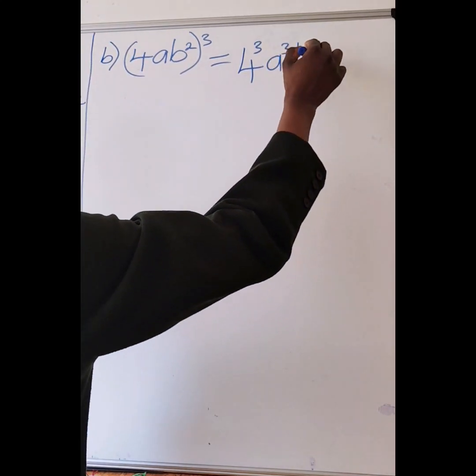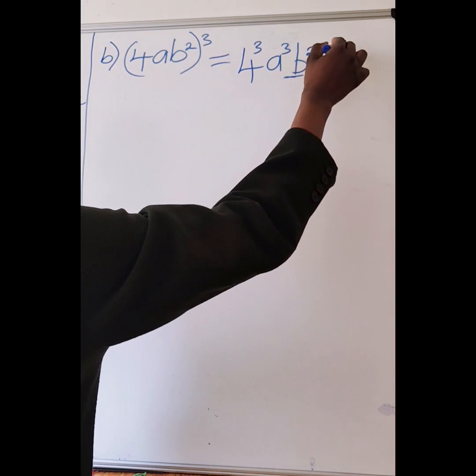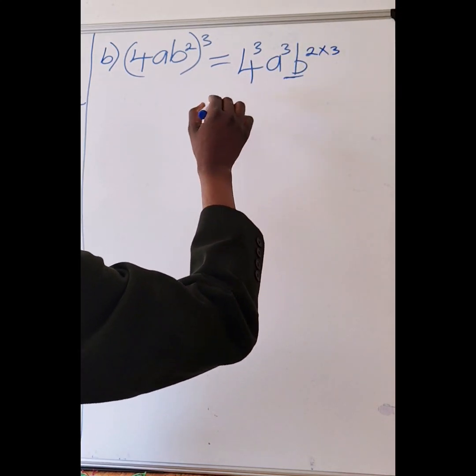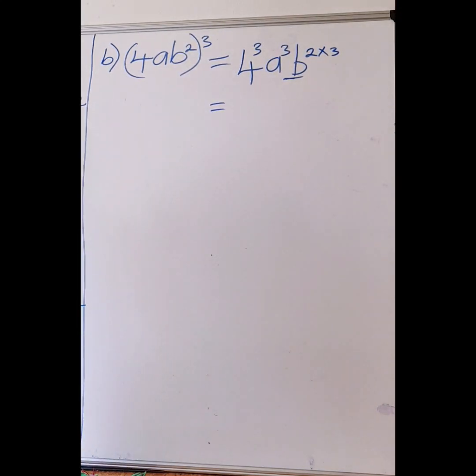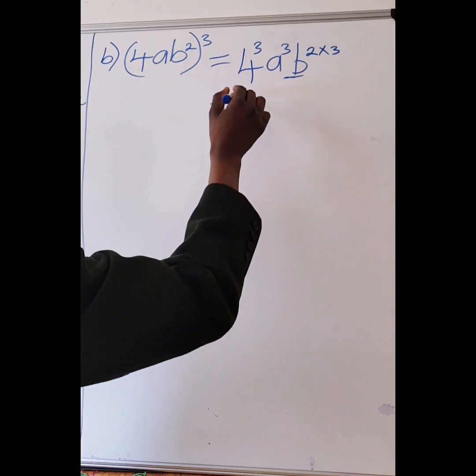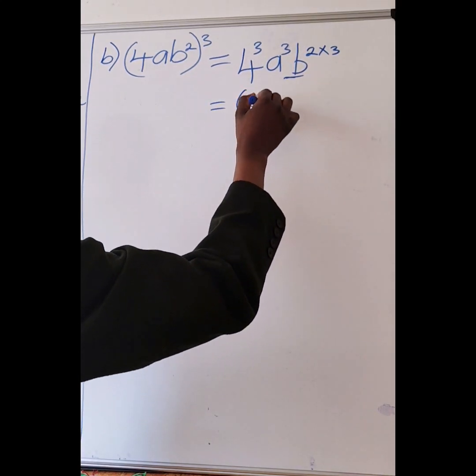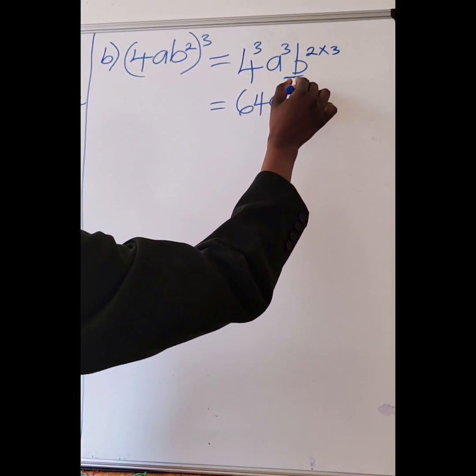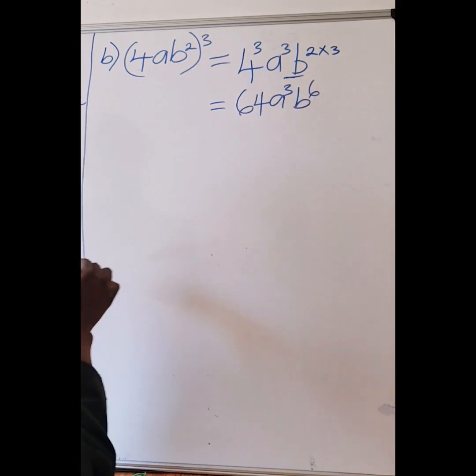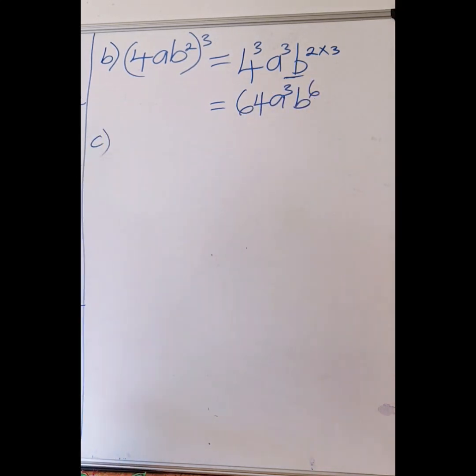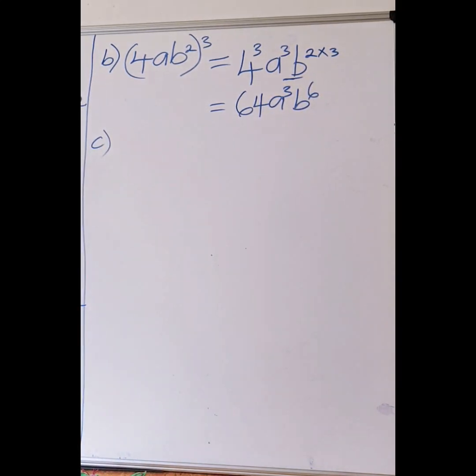It's a double power, 2 by 3, which is 6. 4 by 4 by 4 gives 64, a raised to power 3 and b raised to power 6. That is all about the second question.